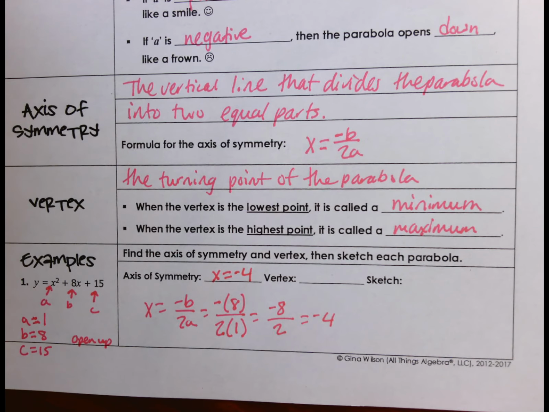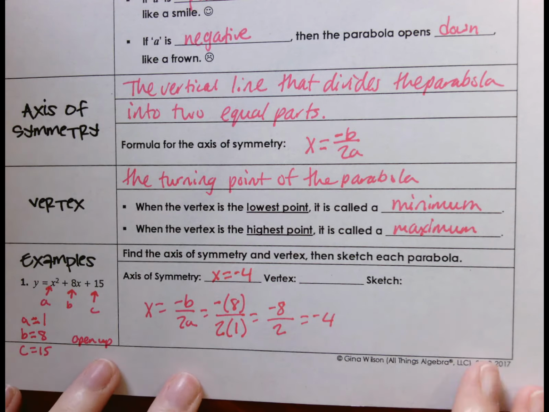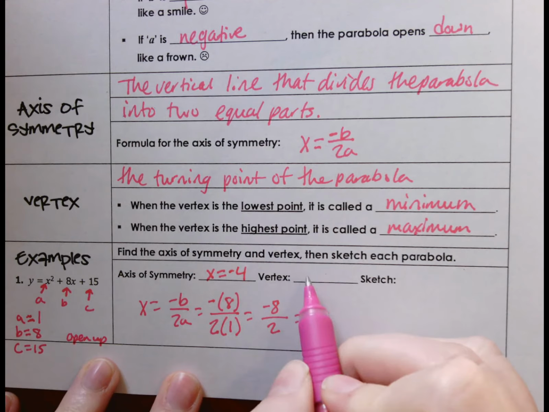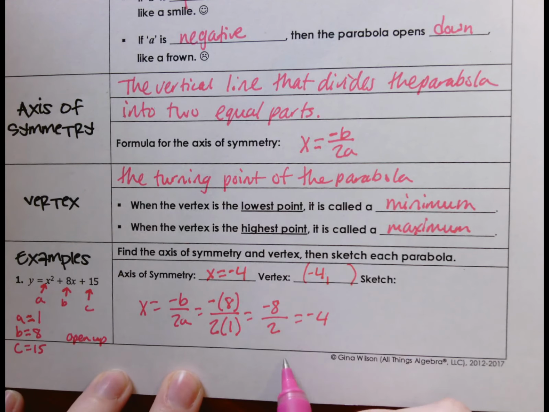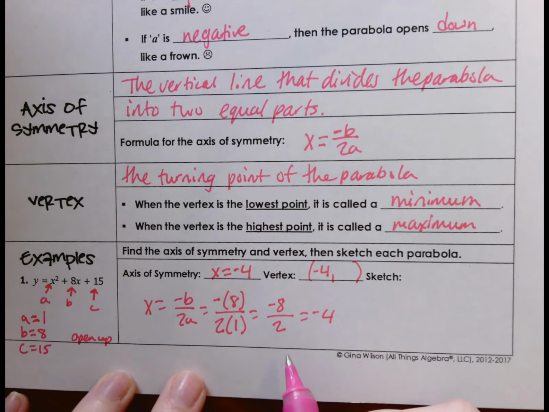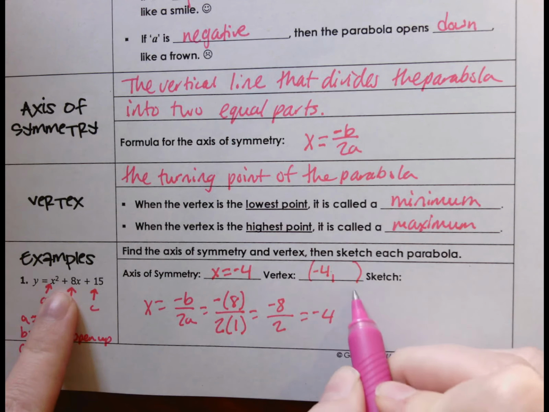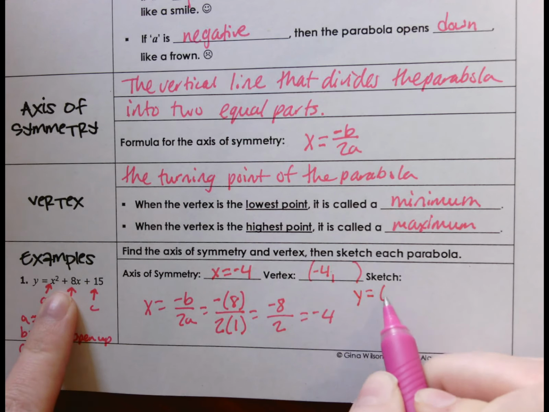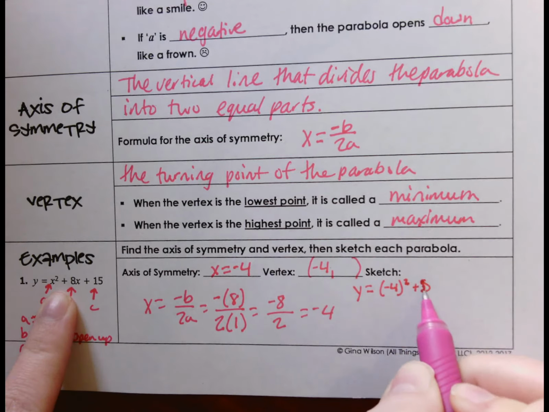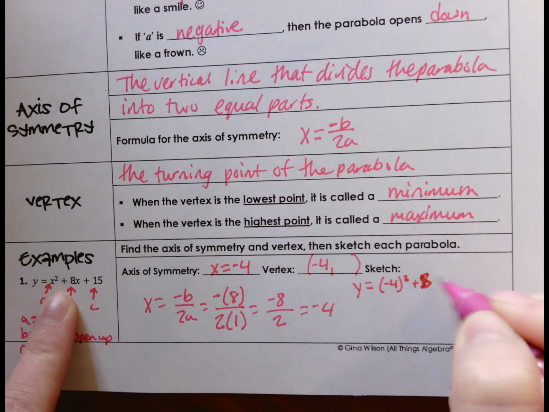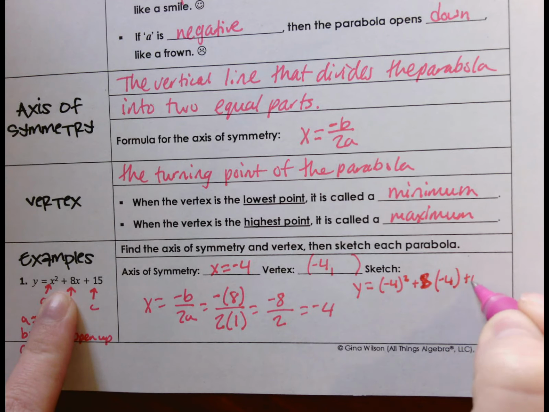Okay, and then we have a vertex, which we are going to find. If I know that x equals negative 4, I can plug it into the original equation. So y is equal to negative 4 squared plus 8 times negative 4 plus 15.